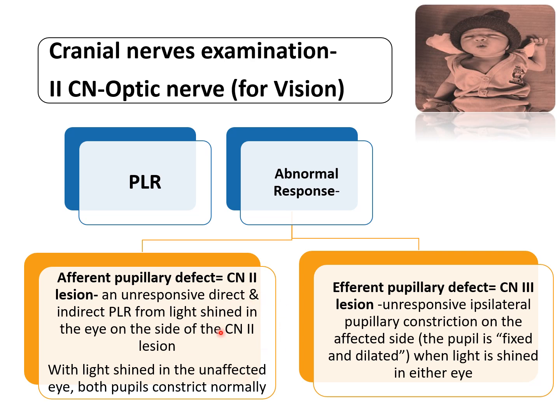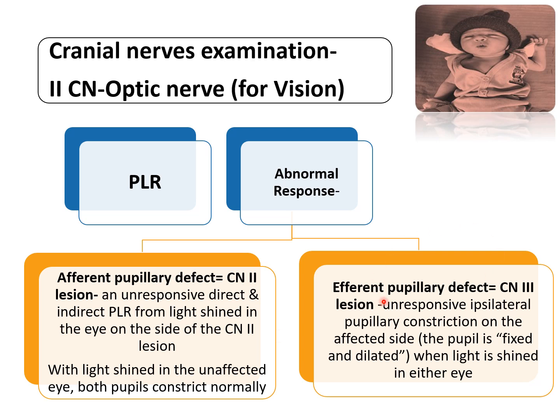For example, if the baby has a left-sided optic nerve lesion, then when you shine the light in the left eye, no pupillary constriction occurs in either eye. And when you shine the light in the unaffected eye, the right eye, then both pupils will constrict, both direct and indirect will be present.